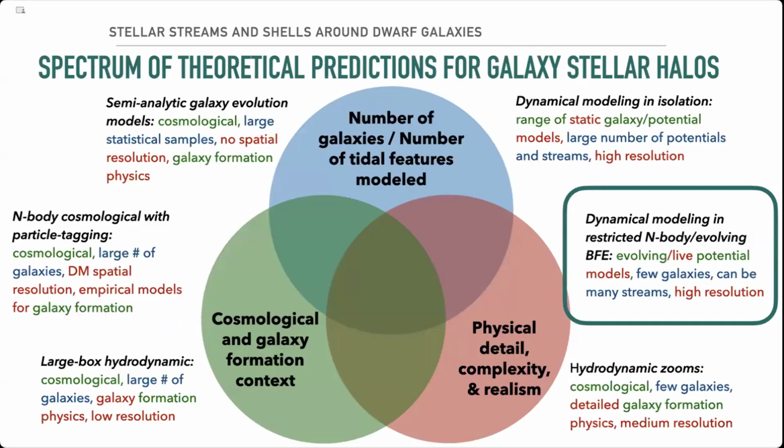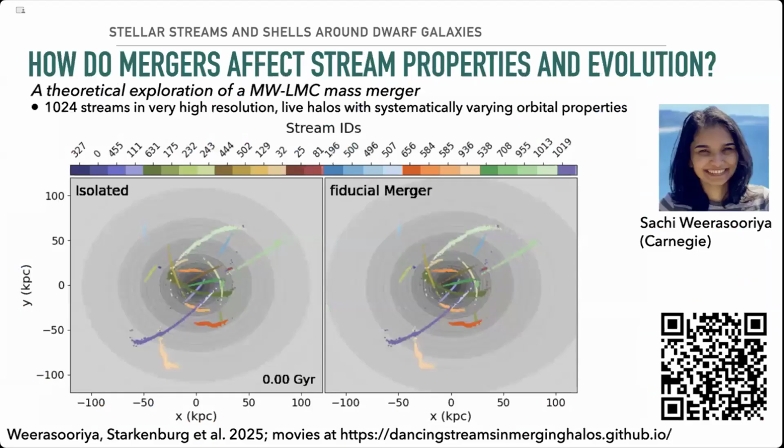I would really like to say a little bit about another way we've been looking at stream formation, and in that case, stream formation from globular clusters, which is within evolving dark matter halos and zoom simulations. And so looking at tidal features at external galaxies, we need to realize that these galaxies form differently.